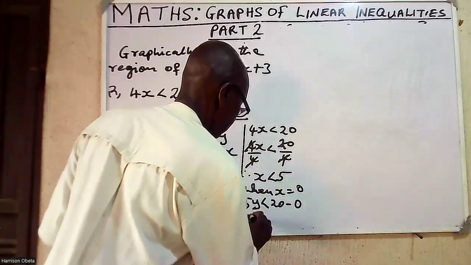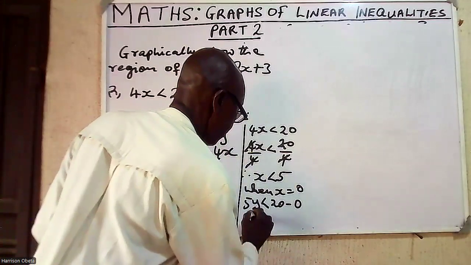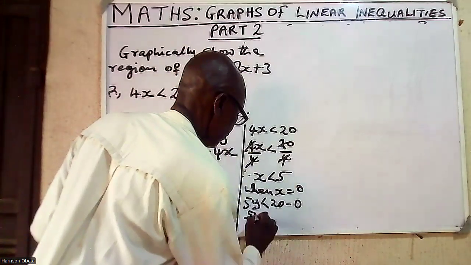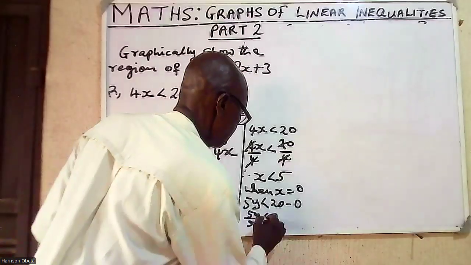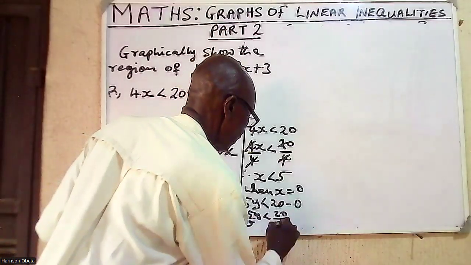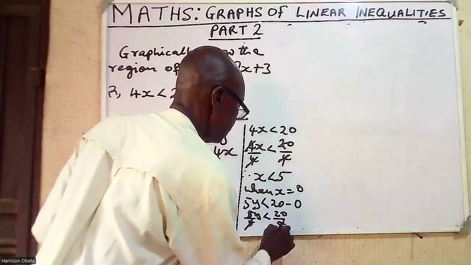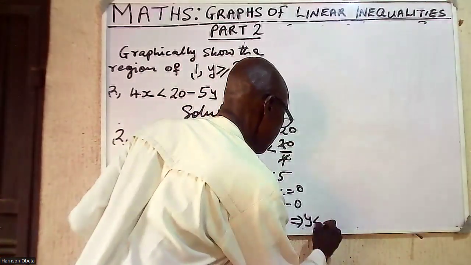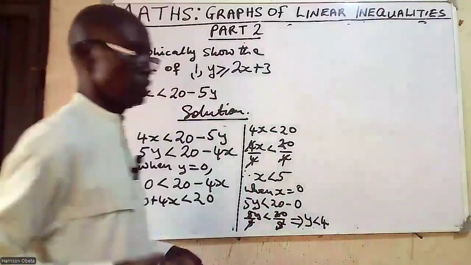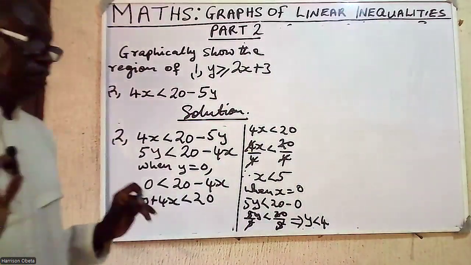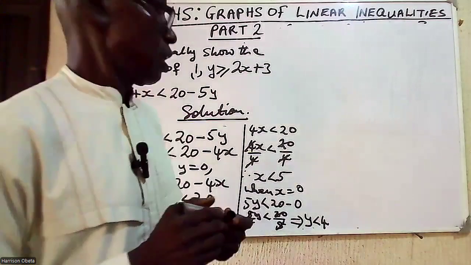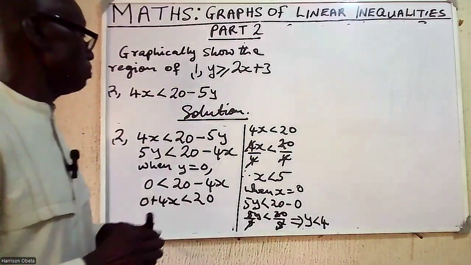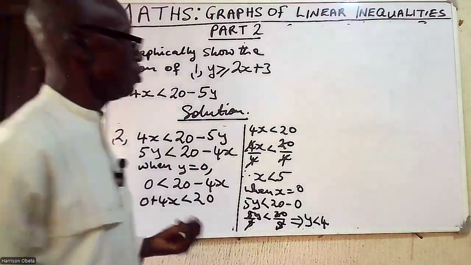So that means that 5y over 5 is less than 20 over 5. We divide. That will lead us to y is less than 4. So we have gotten the two places where the line will cut both the x and y axes. So we draw.